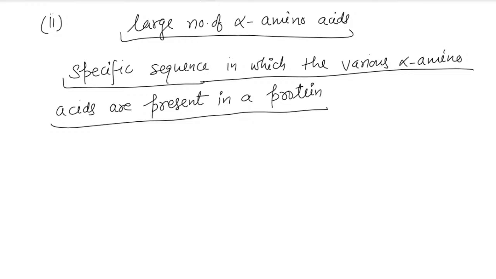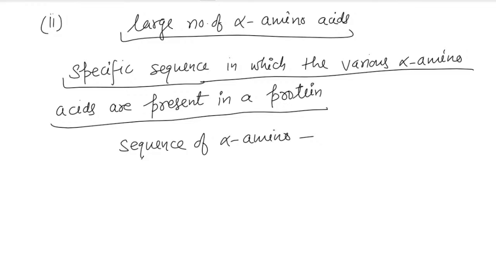Any change in the sequence of alpha amino acids creates a different protein. The sequence of alpha amino acids decides the protein; if there is a change in sequence, we get a different protein.